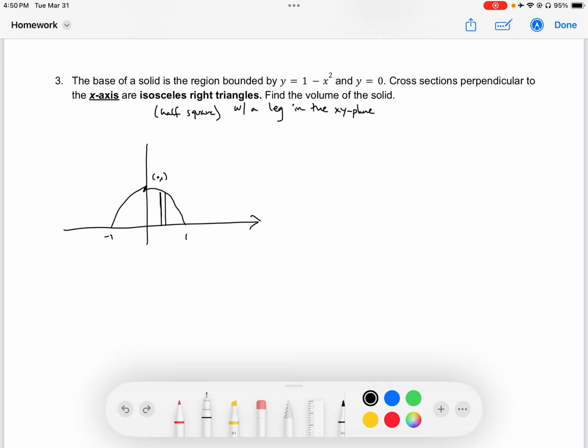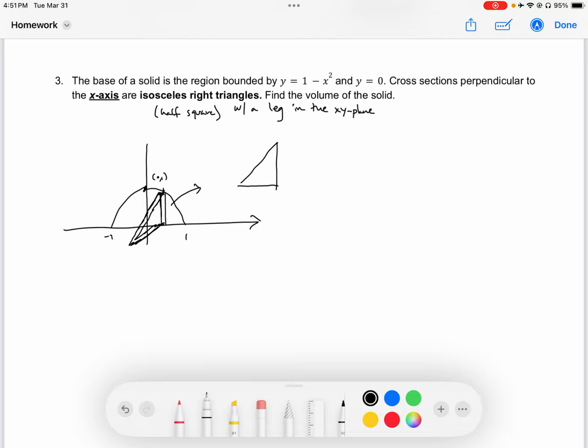But in any case, we're getting triangles that are coming out of the screen or the board or the paper like so. Right, and they're going to look like this, whatever. Okay, I'll just kind of mess these up a little bit, but it looks like that. Let's draw that triangle. I encourage you to draw these cross sections.